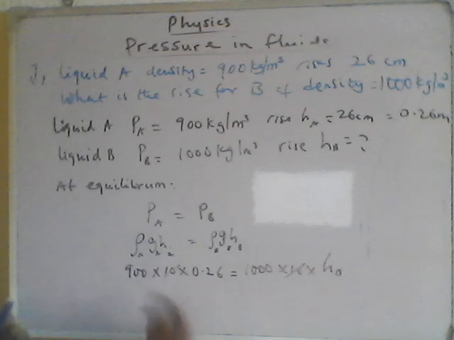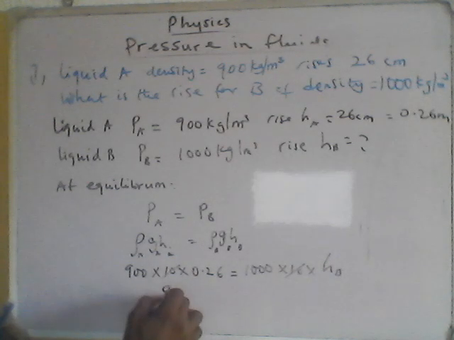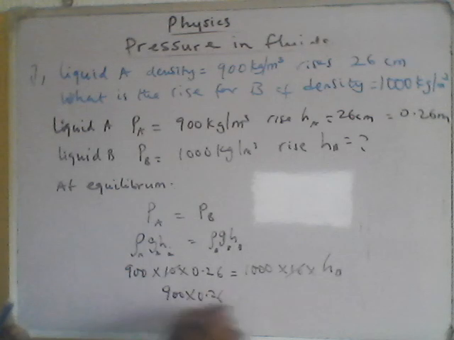This one can cancel this one. So I have 900 times 0.26 over 1,000 is equal to height of B.